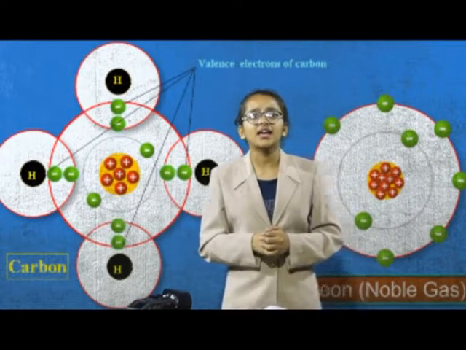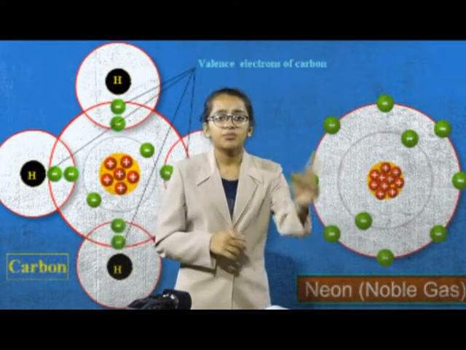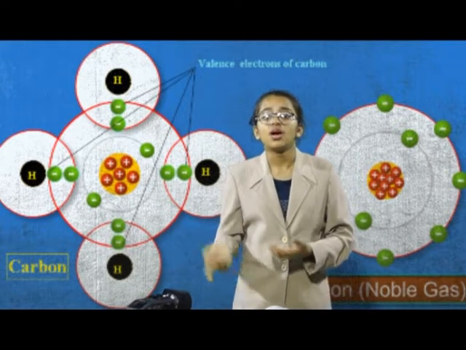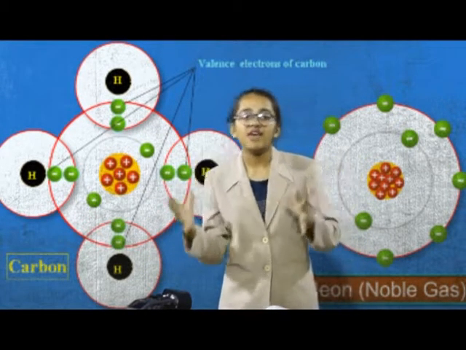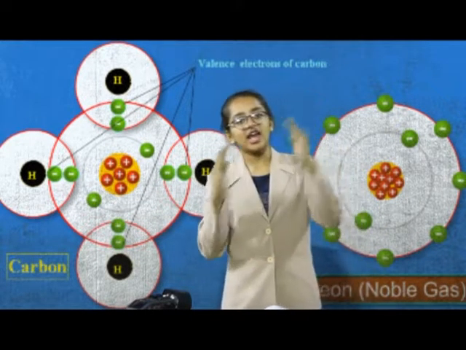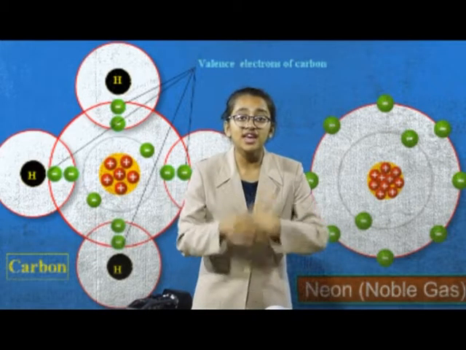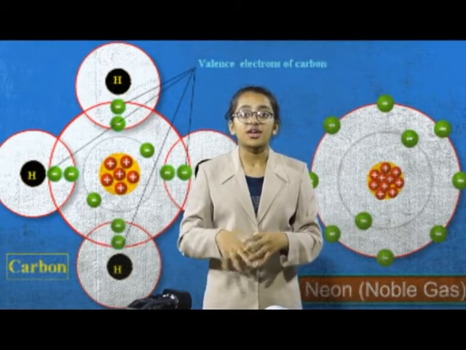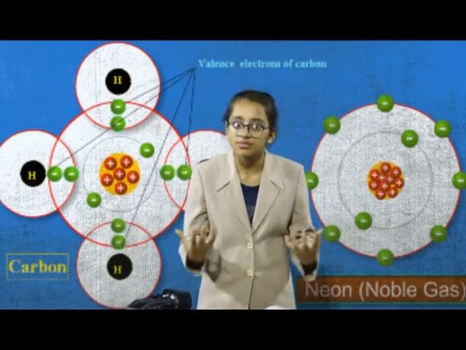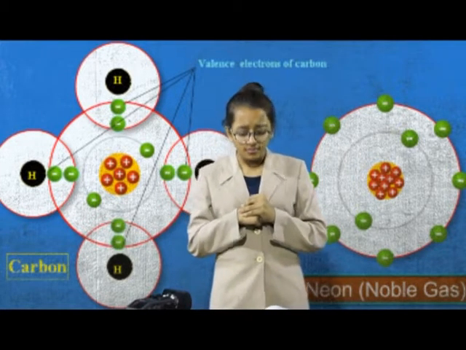In the book it is given as CH4 plus Cl2, and the reaction occurs, Cl takes the place of H, and HCl is formed. One atom is replacing the other, which is why it is known as a substitution reaction.